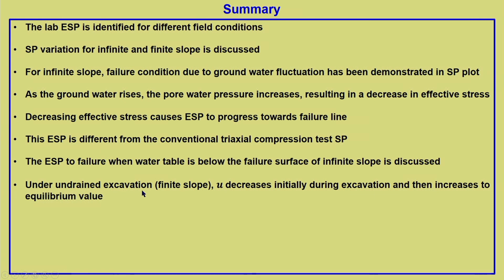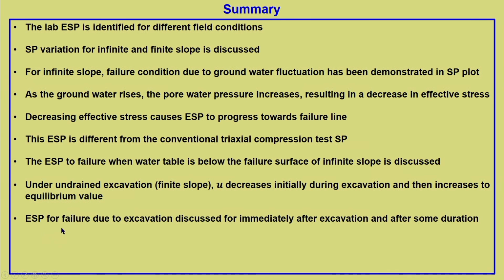Under undrained excavation, that is for a finite slope, U decreases initially during excavation because of release, and then it increases to an equilibrium value; it gains the pore water pressure again. And the ESP for failure due to excavation is discussed for immediately after excavation and after some duration.